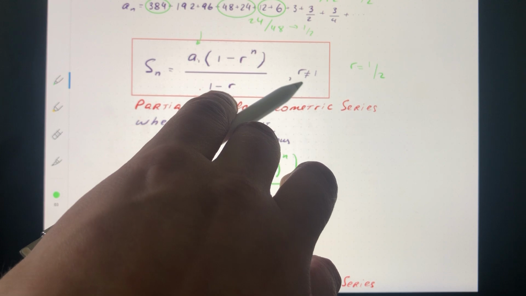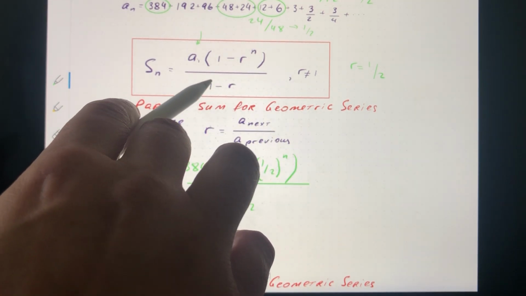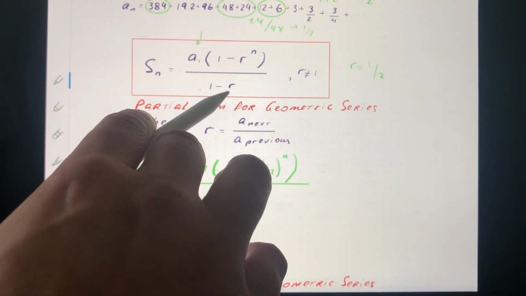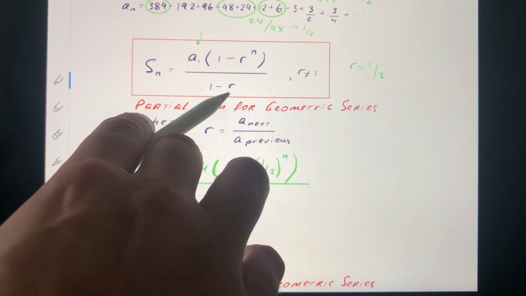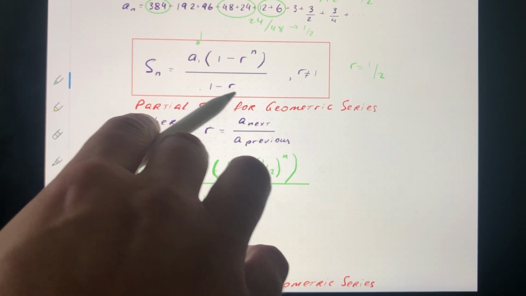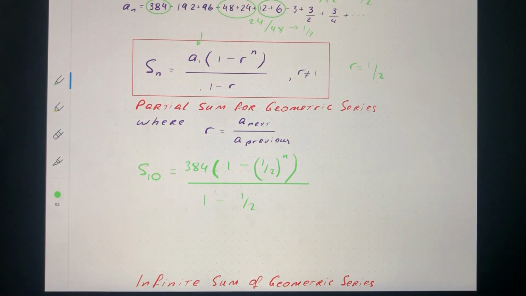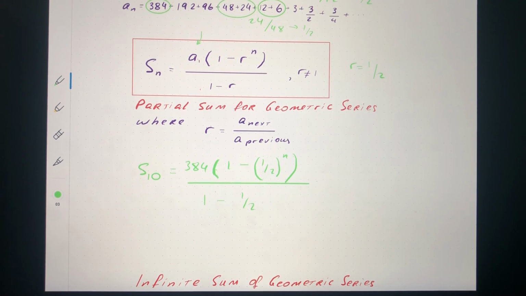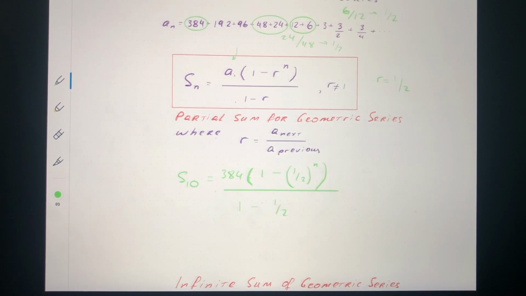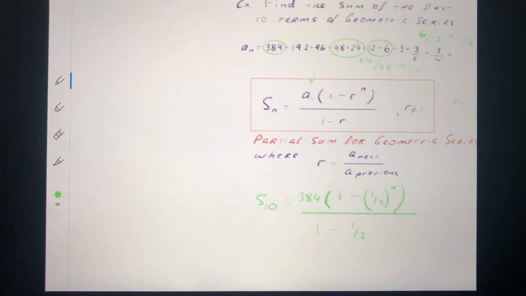If the ratio happens to be 1, then here on the bottom we have 1 minus 1, and that's 0. So we're dividing by 0. That's impossible. That's why we have to be sure the ratio is never 1. Now we just have to type all of this in a calculator, and we should get the answer. It may be easier to type in the half as 0.5 because that would require fewer parentheses.